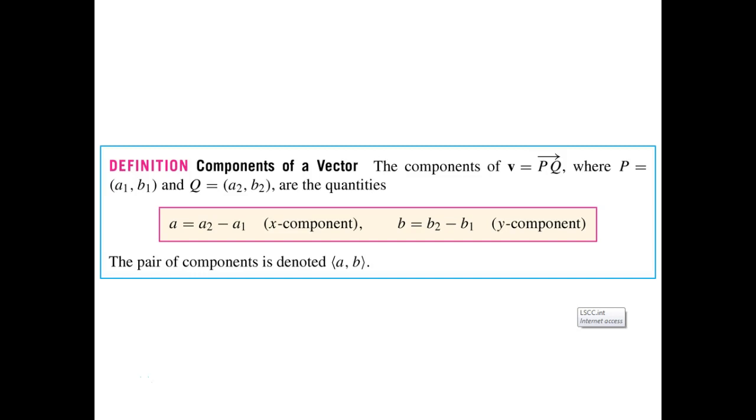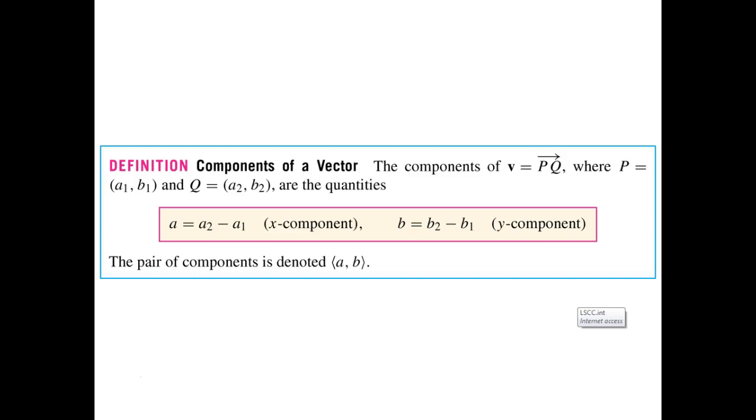So they sometimes call that initial point the base point, P, which is 0, 0, and the components of vector V. If you put P to be 0, 0 here, then Q would be A2, B2, but that would also be A is A2 minus 0, so A is A2, and B would be B2.